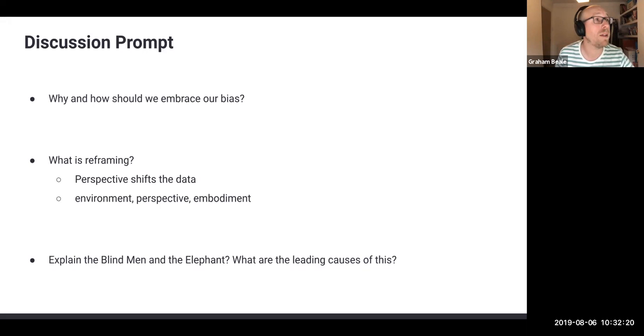Not a problem. So let's go on to this last point. Explain the blind men and the elephant. What are the leading causes of this? So what this means to me is there are often, when you work in organizations, you're not going to go through this when you're working in your teams right now, because you all have the same goals, you're all on the same course.